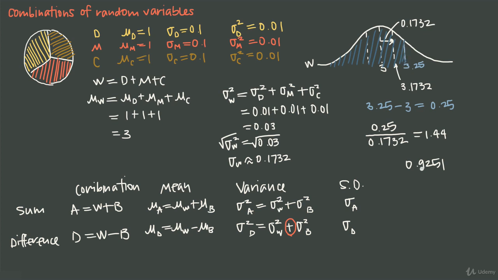Well, this 0.9251 represents all of the area below the 3.25, which means that there is about a 92.5, or maybe we could call it approximately 93% chance that the weight of the popcorn in a full tin is less than 3.25 pounds.